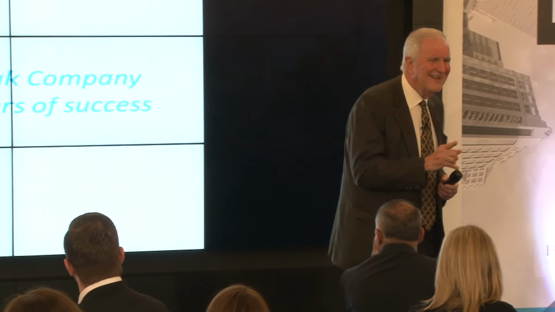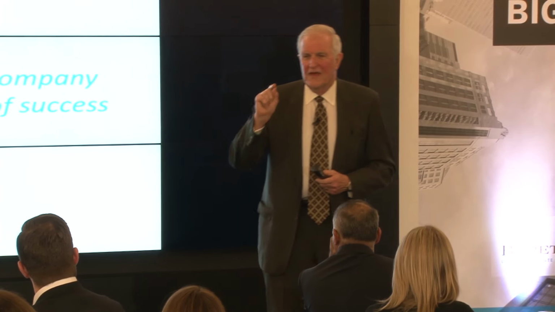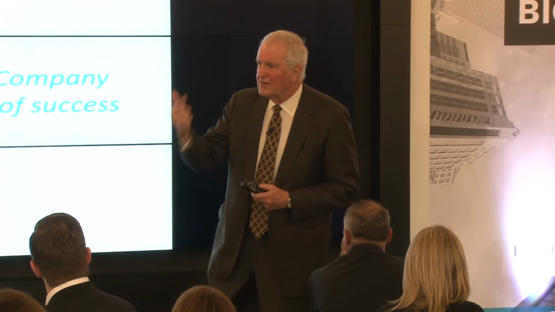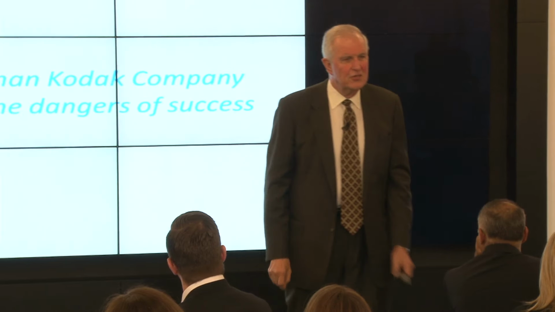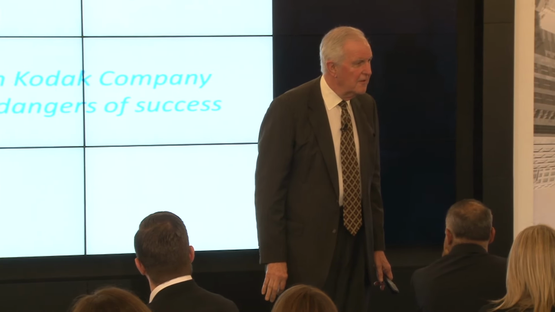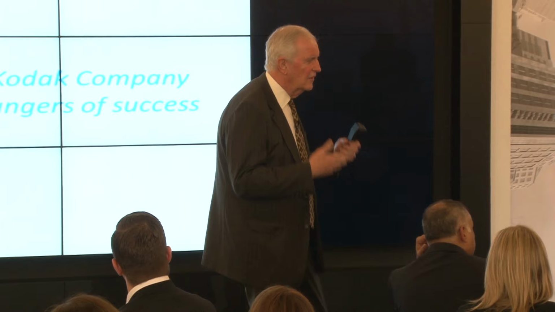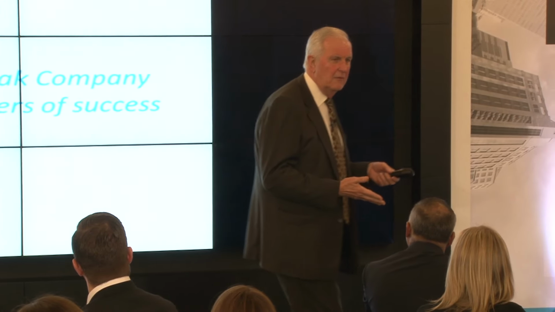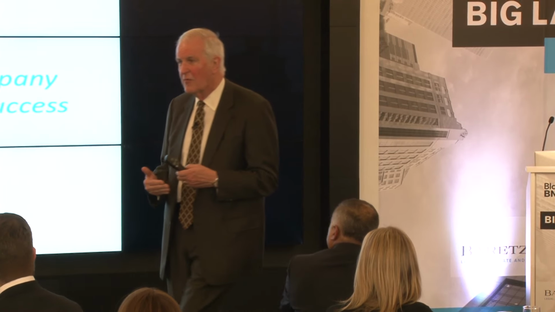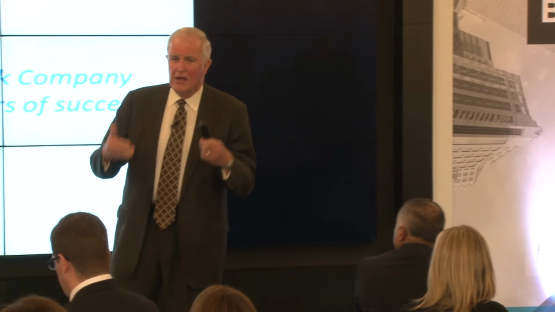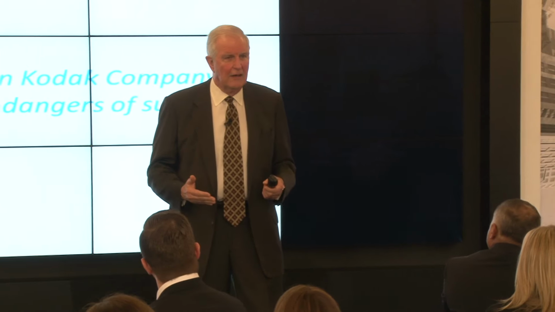What they missed, however, was that strategy, that business model doesn't work if you're talking about digital photography. And in the 1990s, as digital photography began to become more and more popular, and as other competitors came on the market with digital cameras, Kodak was very slow to react.